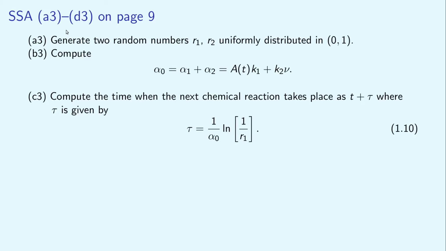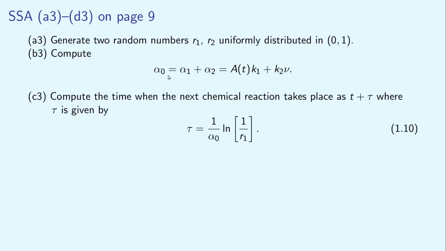With these definitions, we can immediately write the stochastic simulation algorithm for our chemical system. It is given as the SSA A3D3 on page 9. In the first step, we generate two random numbers R1 and R2 uniformly distributed in the interval 0, 1. Next, we calculate the total propensity function alpha 0, summing the propensities of individual reactions.